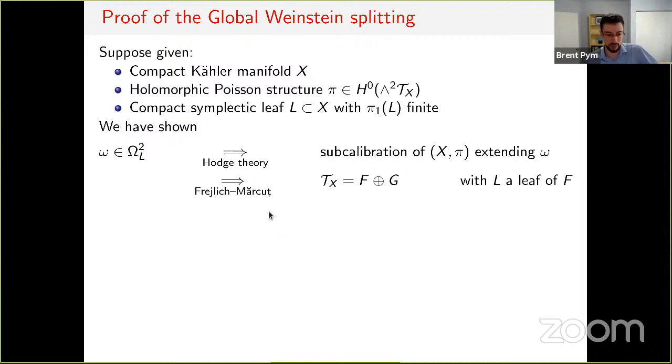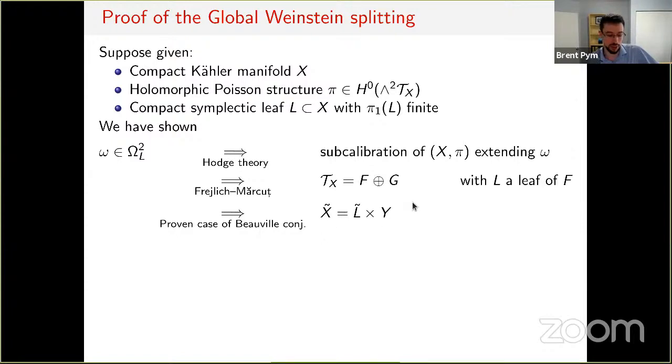And then we now have a regular foliation F, which has a compact leaf with finite holonomy. And so by the case of the Beauville conjecture, which we verified, it follows that the manifold now splits as a product after this finite étale cover.